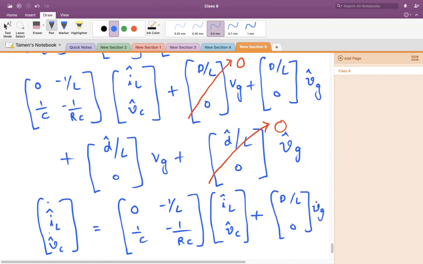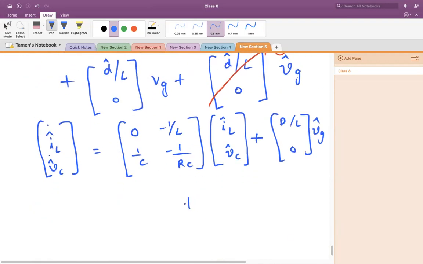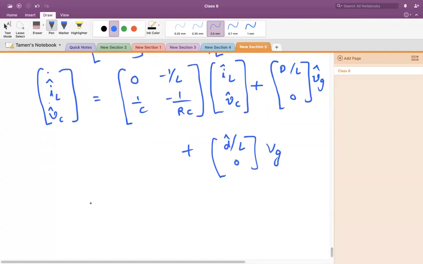on Vg hat plus d hat by L0 upon Vg. Now we'll again try to make it easier to understand.